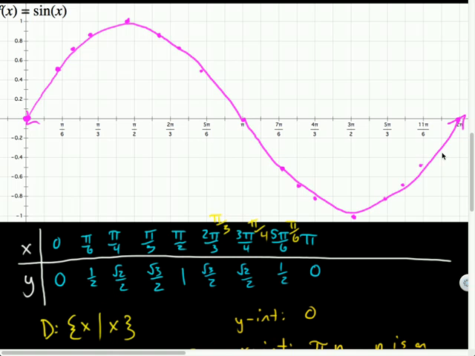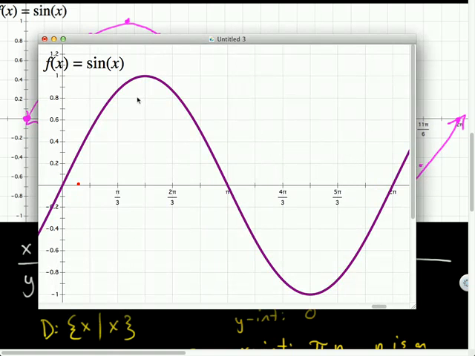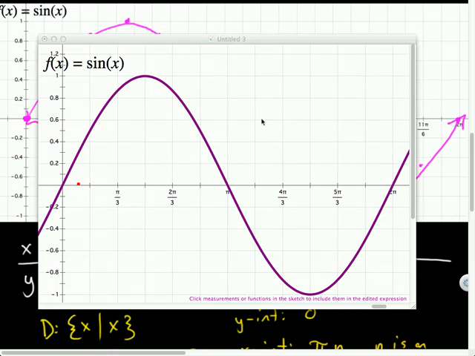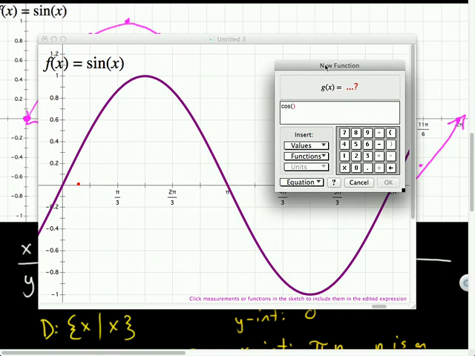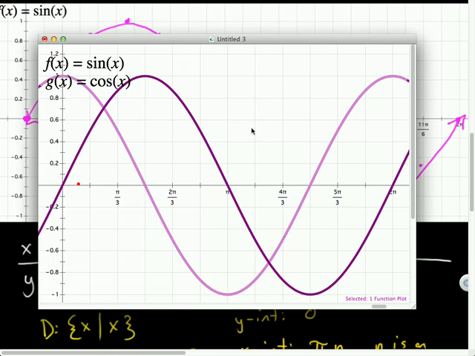And what's the value of cosine at 0? Does anyone know? 1. Cosine is 1. So the graph of cosine, it's shifted. Interesting results.